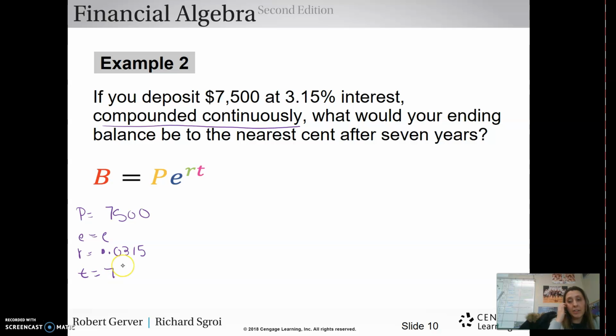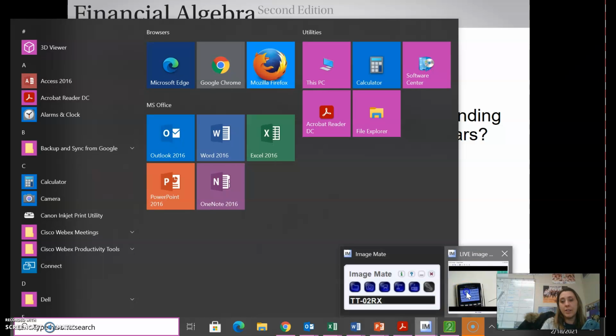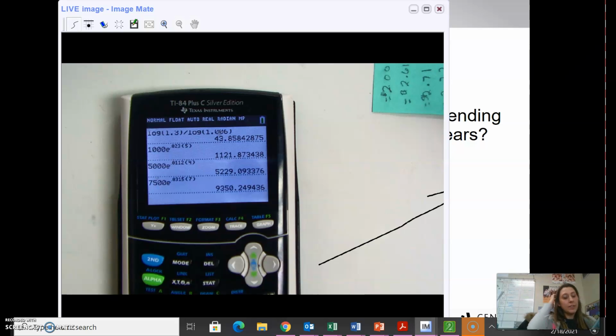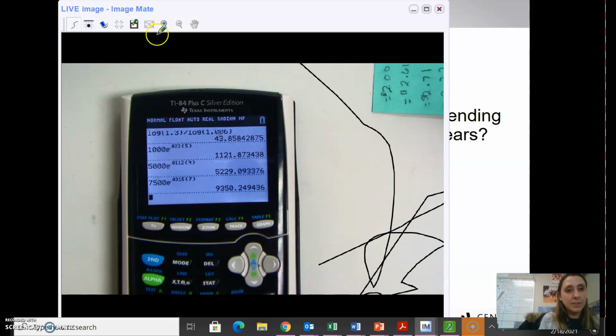So go ahead and put that in your notes, see if you get the same answer as me, and let's check. Okay, so you should have your equation set up this way, and we should have this in our calculator: 7,500 e raised to the 0.0315 times 7.